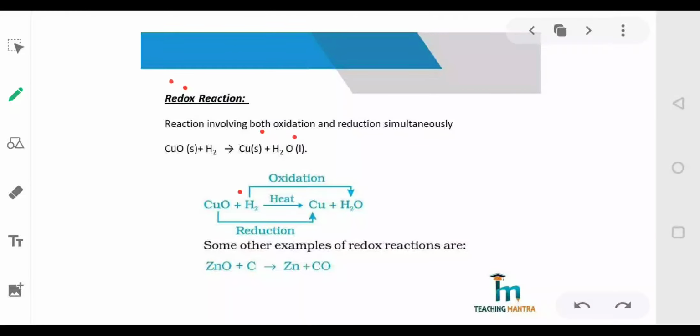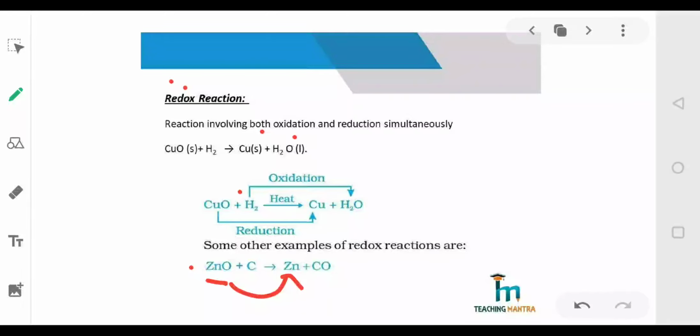therefore this becomes an example of redox reaction. Now see the second example, zinc oxide, that is ZnO, plus C, carbon, it gives Zn, that is zinc, plus carbon monoxide. Here it was zinc oxide ZnO, whereas here it is only Zn, zinc. क्या हुआ यहाँ पे?